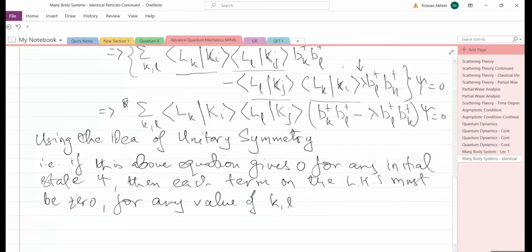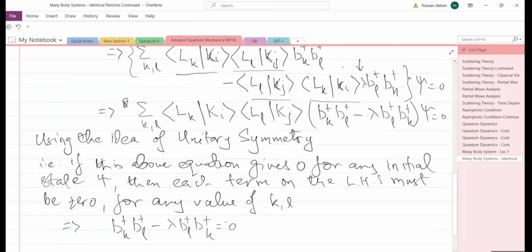And this would imply that B K dagger B L dagger minus lambda B L dagger B K dagger equals to 0.